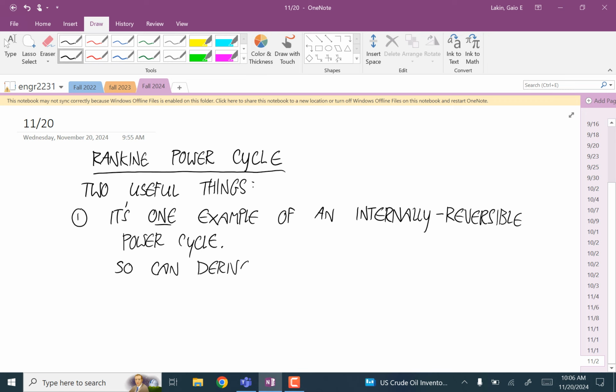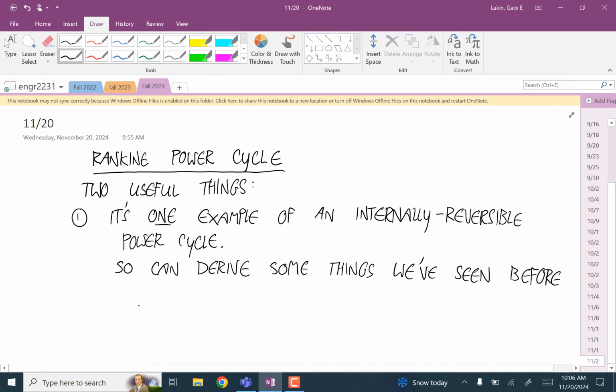So we can derive some things we've seen before. What we're going to do today is derive the ideal efficiency.